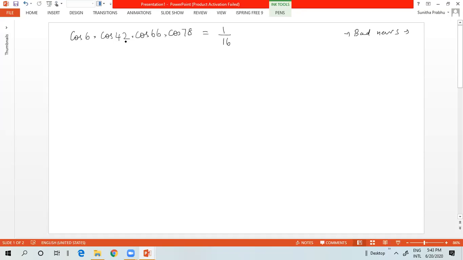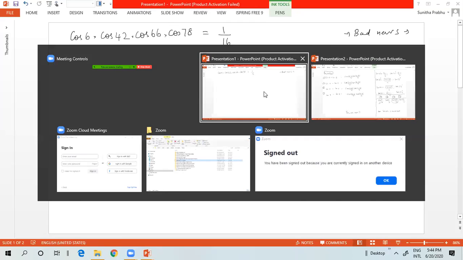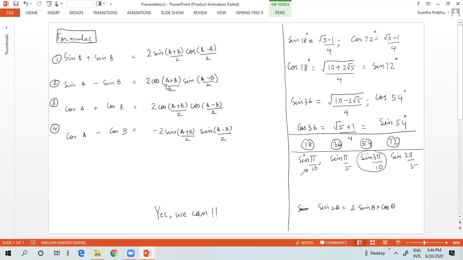Hold on. I'm just thinking, why can't we use this cos product-sum formula? We'll pick the ones that make sense. For example, if I take 6 and 66, right? See, we have cos, this cos, we'll write it as cos plus cos, right?